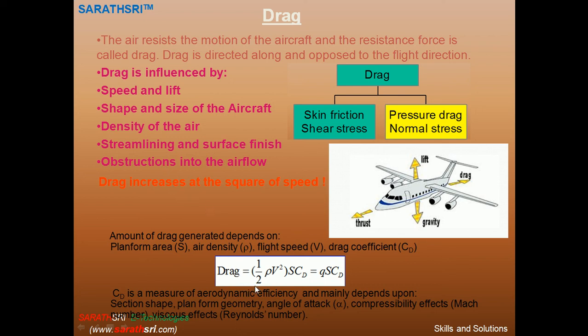The drag is also similar to the lift formula mathematically: half rho v square into surface area into the coefficient of drag. This is mainly influenced by angle of attack, compressibility, Mach number, Reynolds number, viscosity effects, and the geometry of this section.